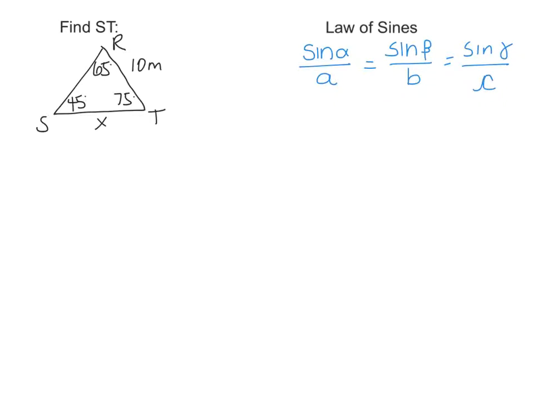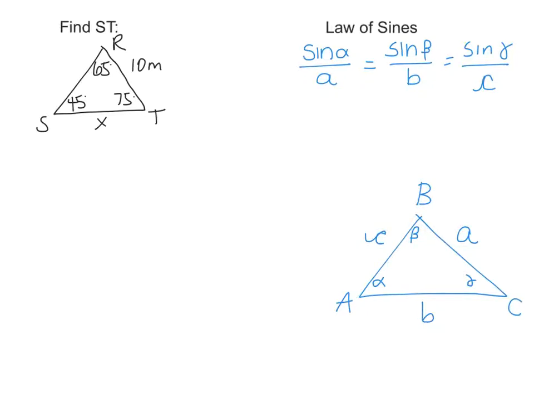So I can think about this in my triangle. If I have alpha, beta, gamma, and I have my side lengths here, those are my vertices, excuse me. Across from each vertex is the side length of the lowercase letter.